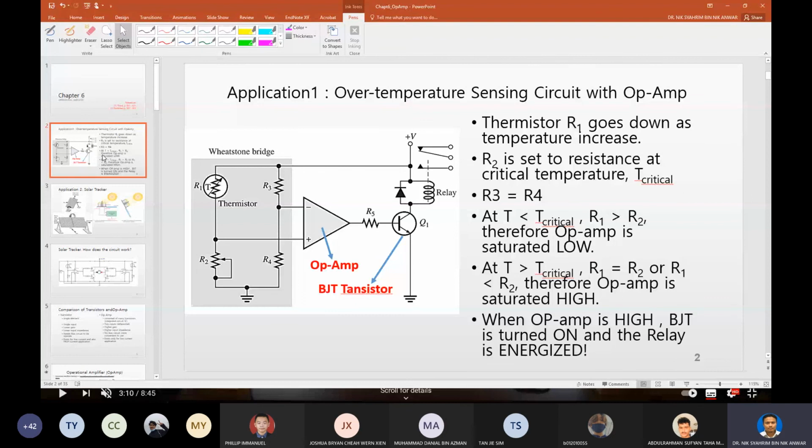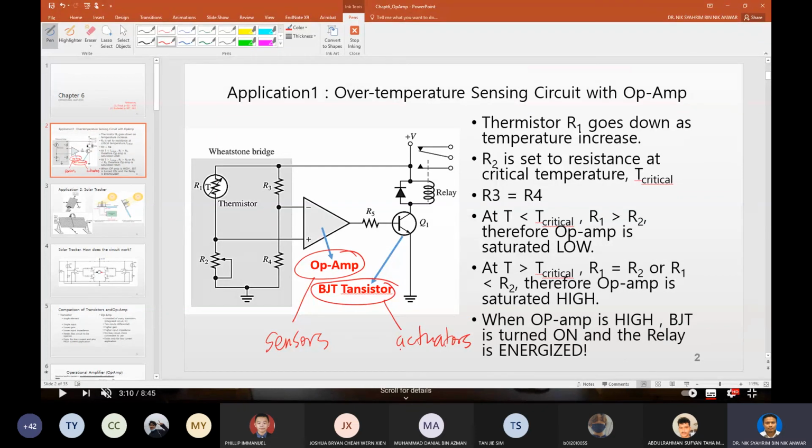Okay, so let's try this. This is another example, a real application of op-amp and BJT. You can see straight away when to use op-amp and when to use BJT. As explained earlier, an op-amp is normally used for sensors, while BJT is normally used for actuators.